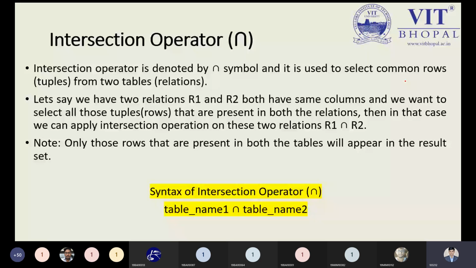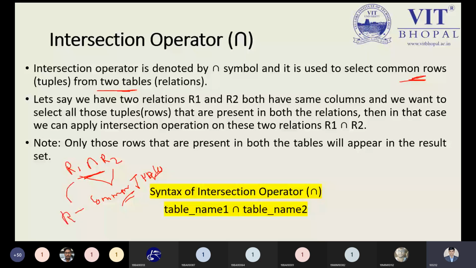Suppose we have two relations, r1 and r2, then we can denote it like this, and it will select only the common tuples in the resultant relation, where r is the resultant relation.